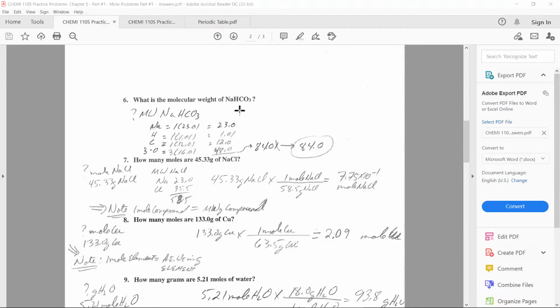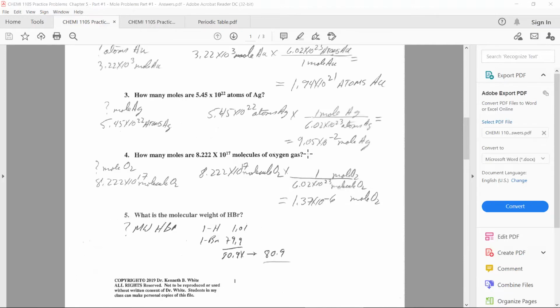In this case, first one is 1, second one is 2, next one is 1, 48.0 is 1. So you have to round off 84.01 to 1 significant figure to the right of the decimal. Keep the 0, use the 1 to round off. That's 4 or less, drop it. And the correct answer is 84.0. And I give another one here, number 5.